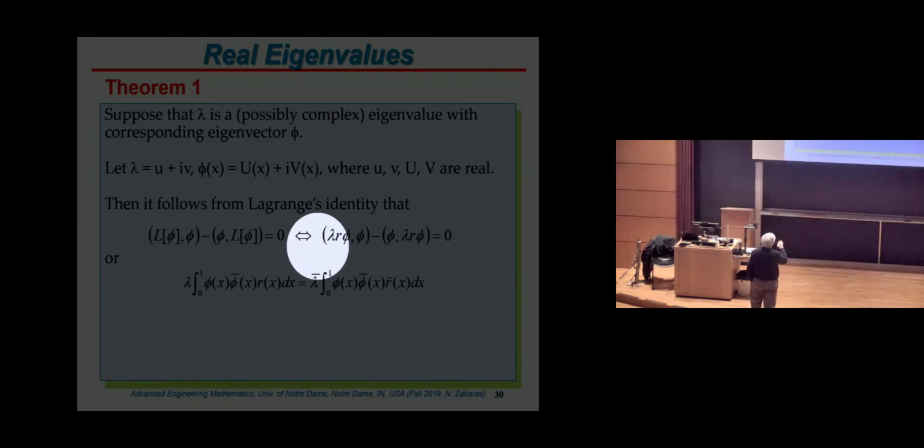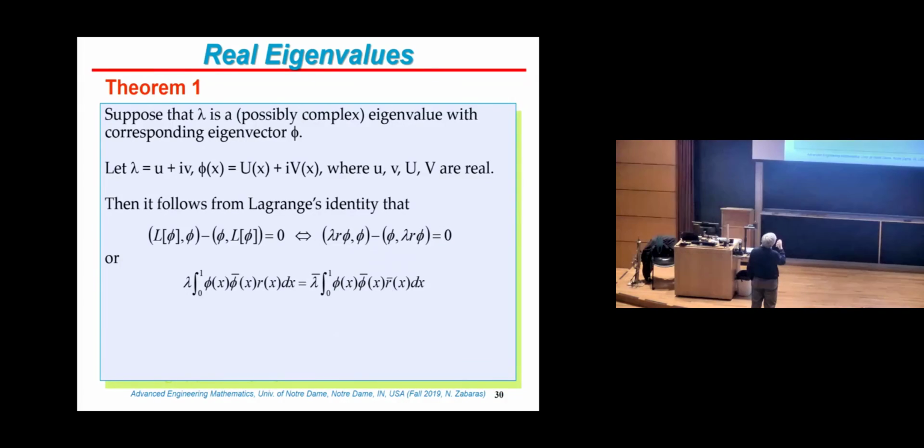From properties of the inner product, I can move lambda outside. The second phi here is going to become a complex conjugate, by the definition of the inner product. And this will give me a complex conjugate of lambda, which you see here, a complex conjugate of R, which is R because we're going to assume that all the coefficients are real, and then a complex conjugate of phi, which you see there in the middle.